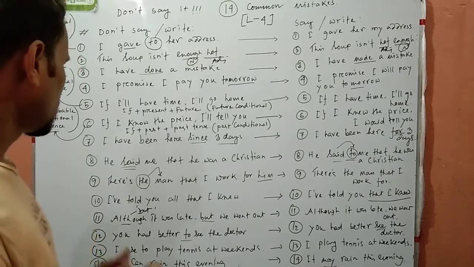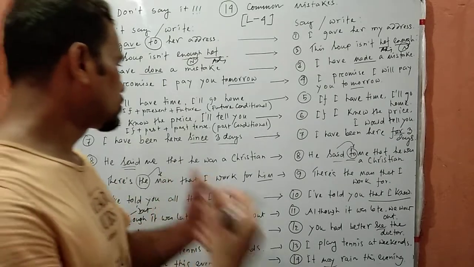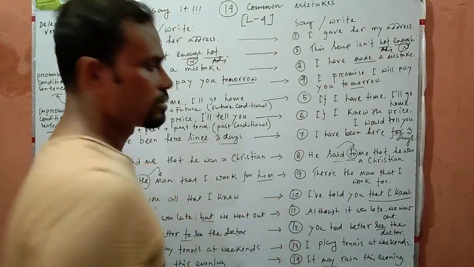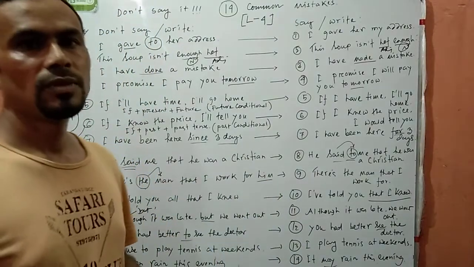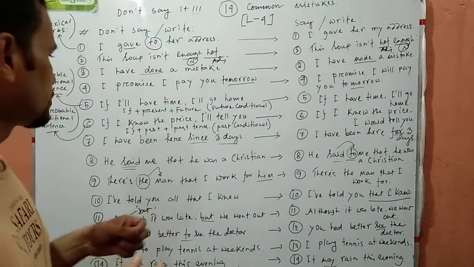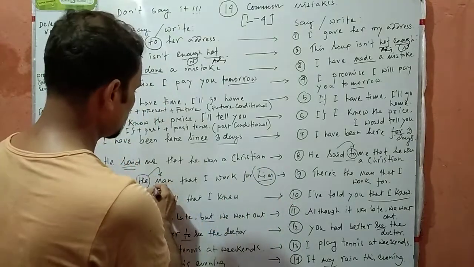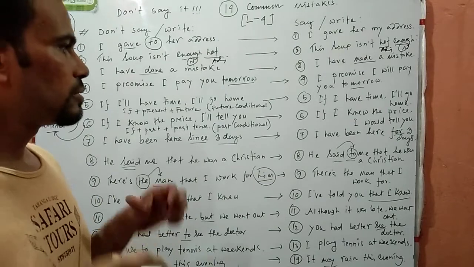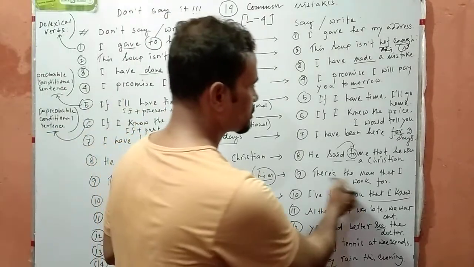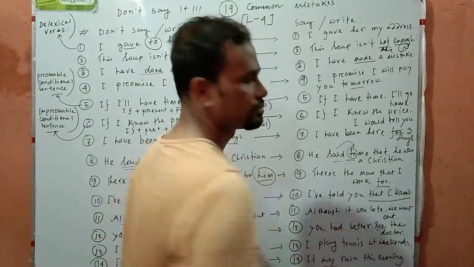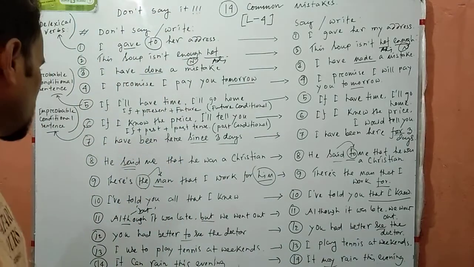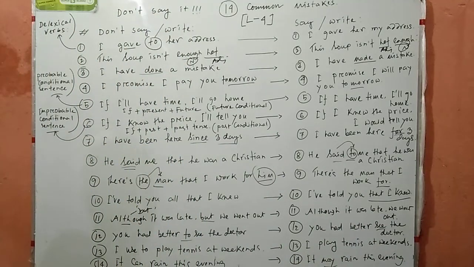In one sentence, we need not use a double indicator. Him means the man. So the correct sentence is, there's the man that I work for. This sentence is correct.